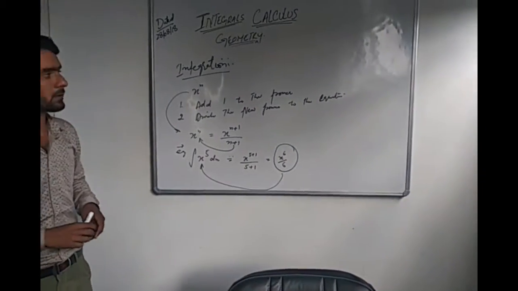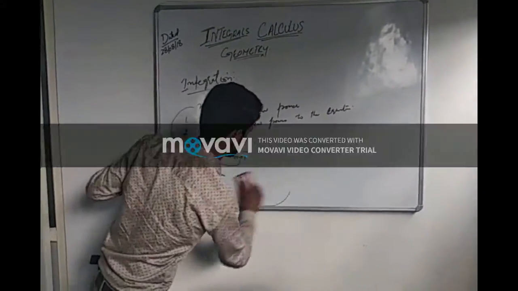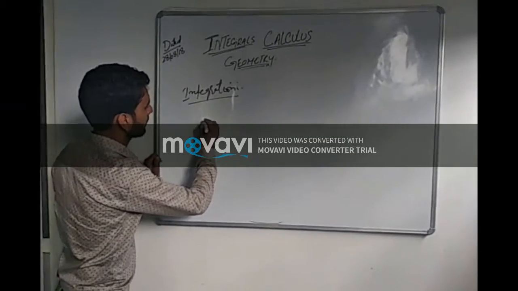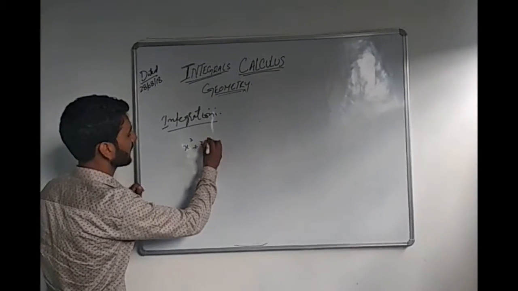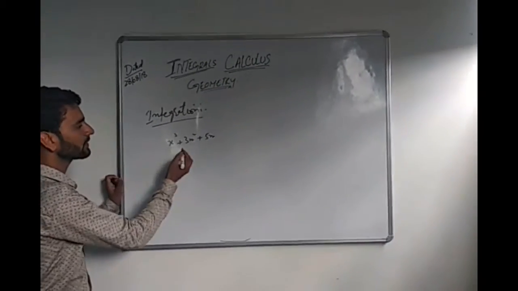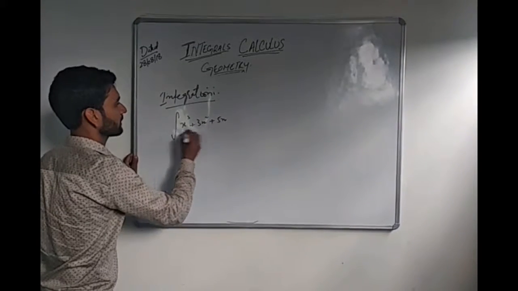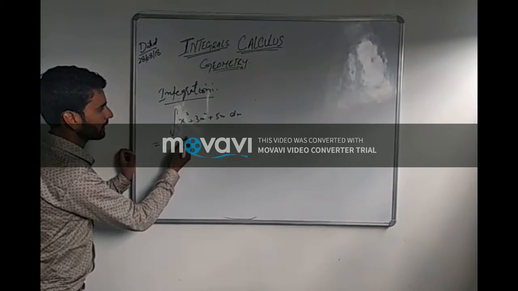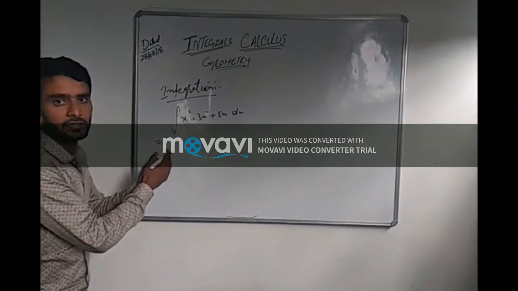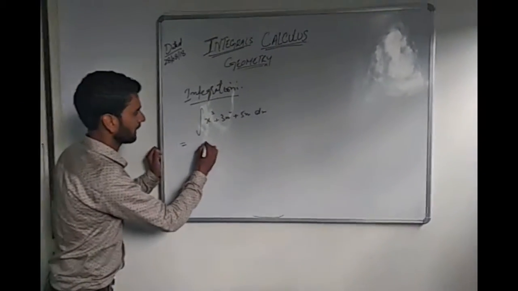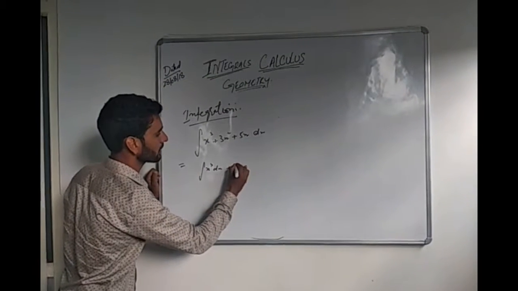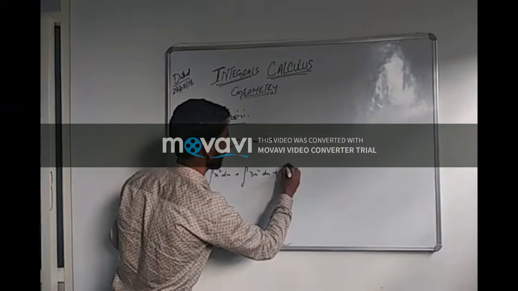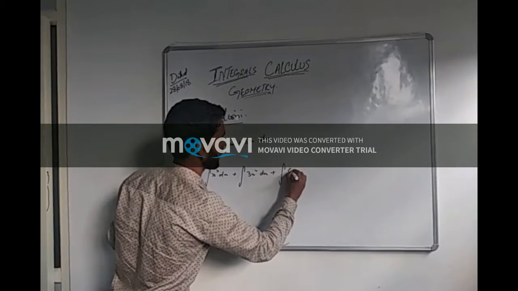If we take another example, x cube plus 3x square plus 5x, and integrate this with dx, we have to divide it into separate integrals: integral of x cube dx, plus integral of 3x square dx, plus integral of 5x dx.